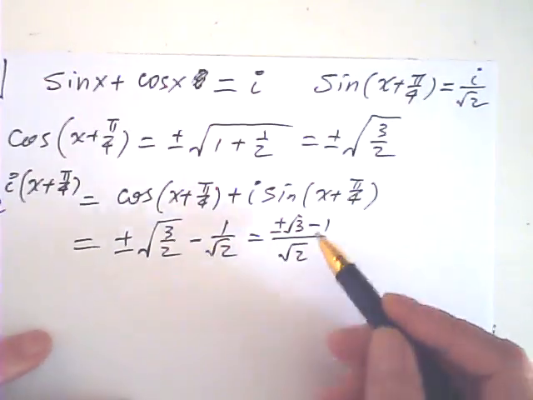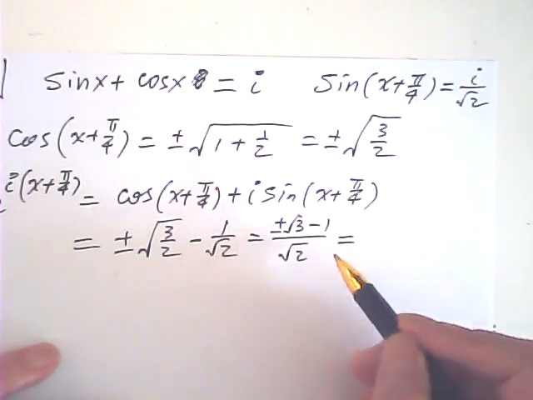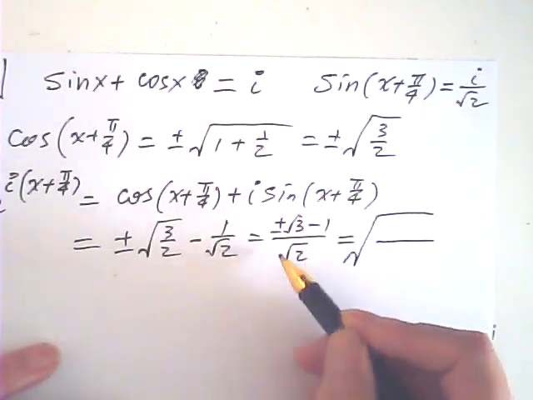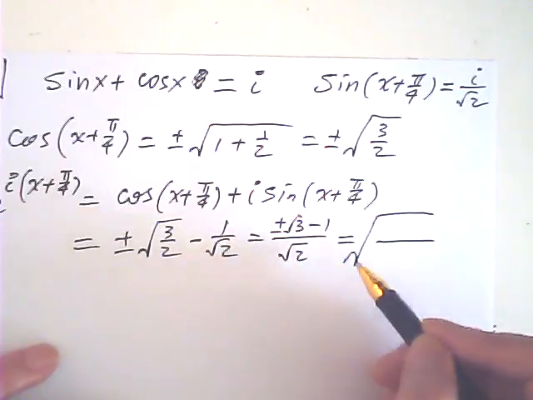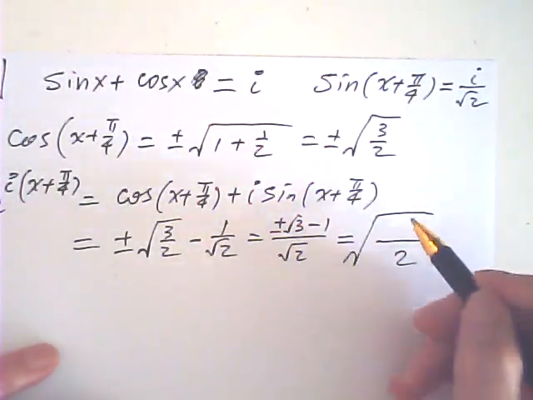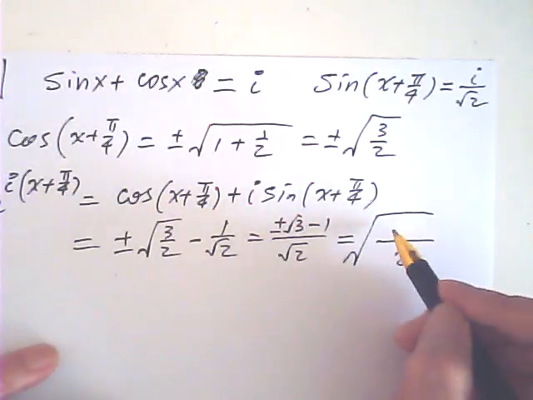Now, I do something here that is very strange. I take the square root, and then square this one, and then square root. So this becomes 2. This square is equal to what? 3 plus 1 plus or minus 2 root 3.